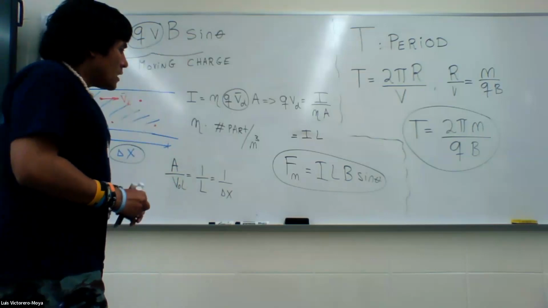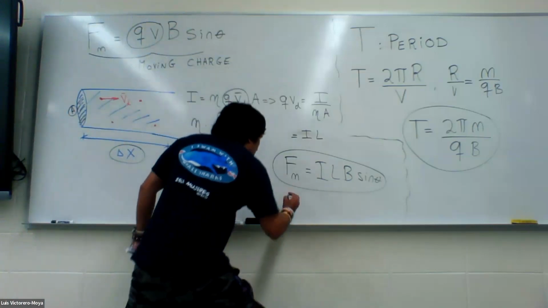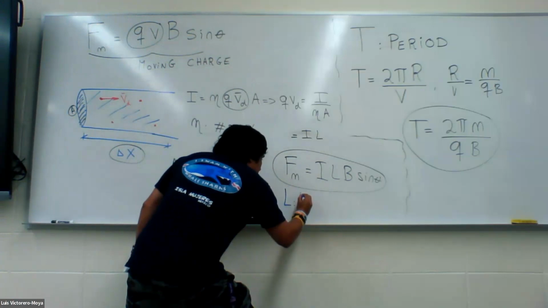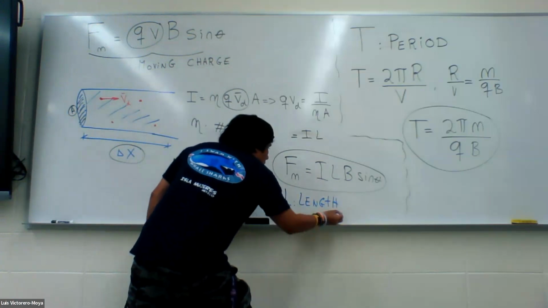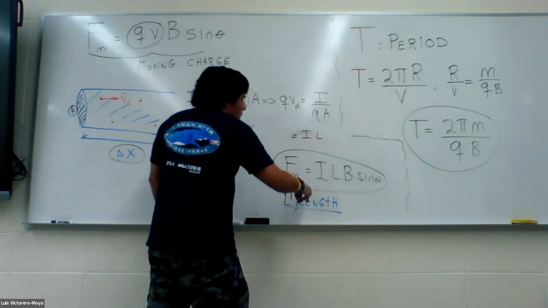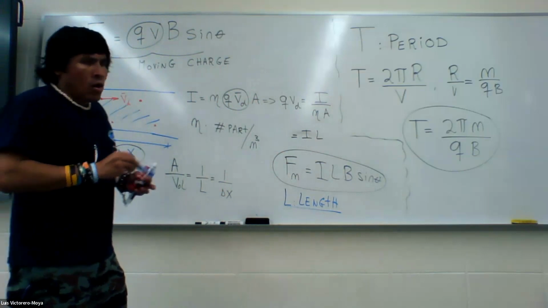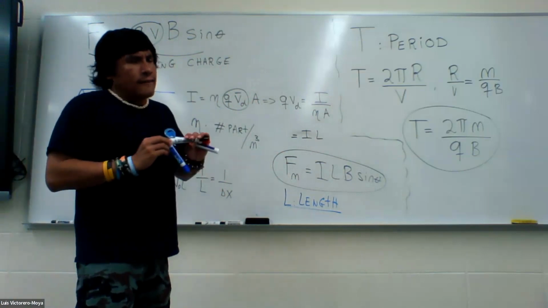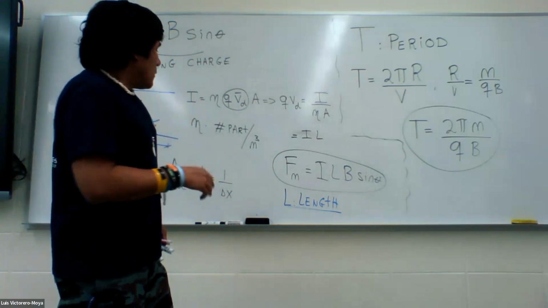All right. So let's not forget, L is the length of the wire. You know what I is, you know what B is. And theta is the angle between the current and the field. So how do you use the right-hand rule for this? Well, it's the same.